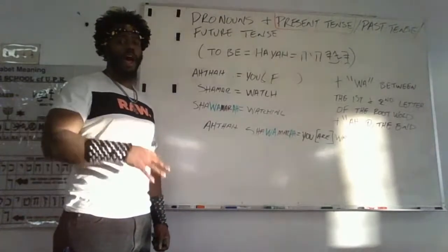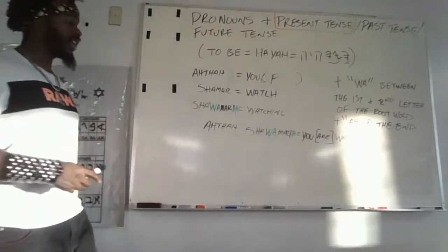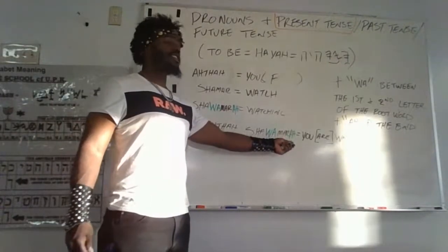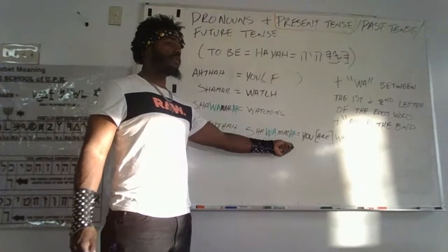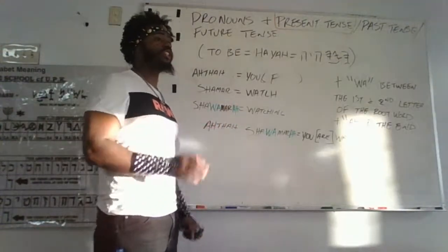The -ah at the end of the word makes it feminine. That gives context. That's a suffix. A suffix is giving context and is changing the orientation of the word.